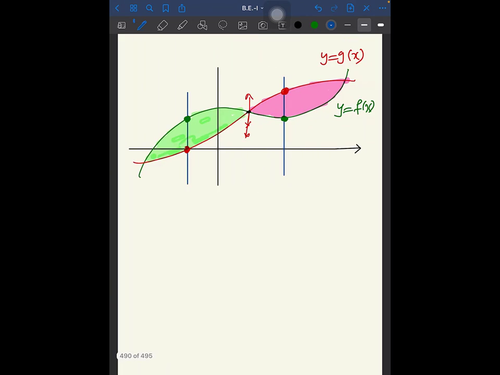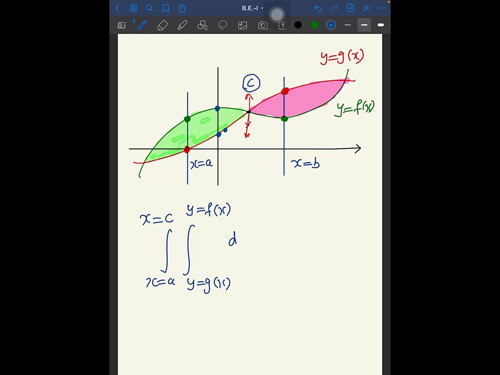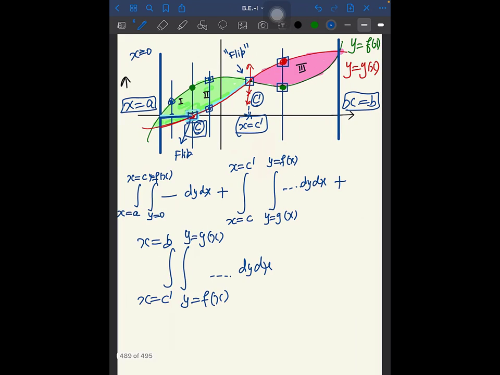Now we may have a second kind of setup where, let's say, we start from x is equal to a to x is equal to b. Now in this scenario we'll have only one flipped point, which is here, and we call it c. So now if you start from a to c, your limit will be from here to here, that means red to green, that means gx to fx, dy dx, plus.